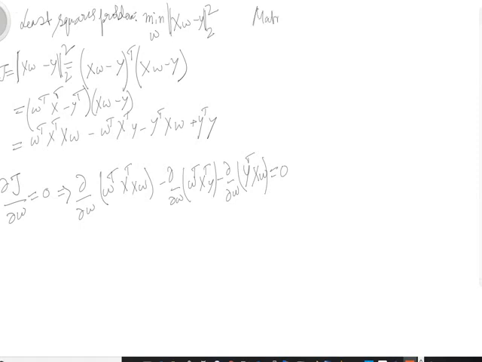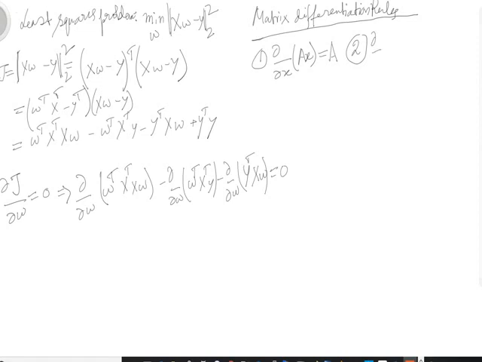Since we are dealing with matrices and vectors, we need a set of matrix and vector differentiation rules in order to perform this differentiation, and here are the three rules that we are going to use. The first rule is del x of Ax is going to be A, where A is an m by n matrix and x is an n by 1 vector.